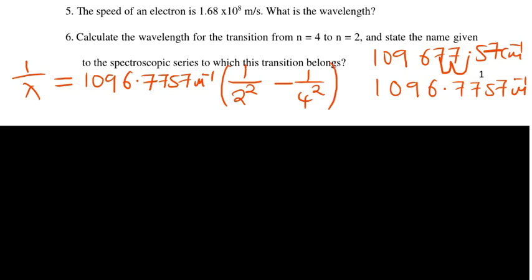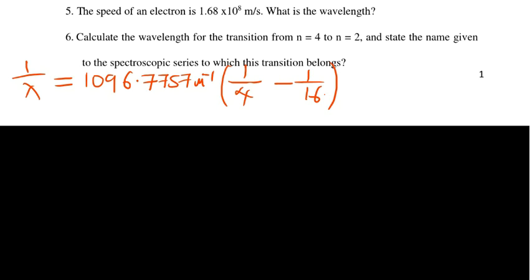So for such questions, start with what is in the brackets. So 2 squared is 4, 4 squared is 16, right? So I have 16 there. So let's just simplify whatever is on the right hand side, and then you can just deal with the reciprocal of that. So 1 over 4 minus 1 over 16 gives me 3 over 16.